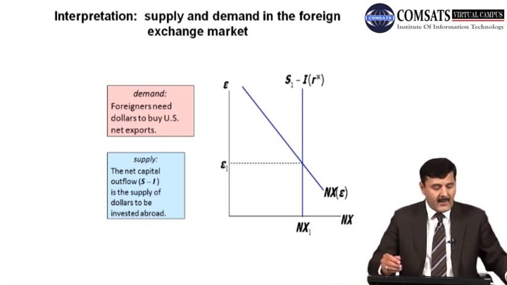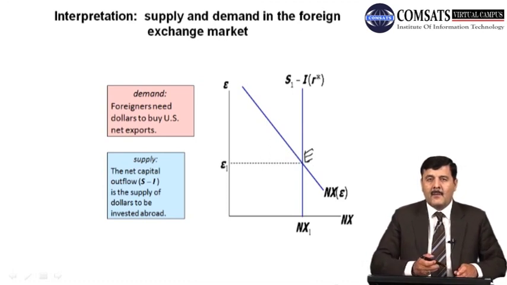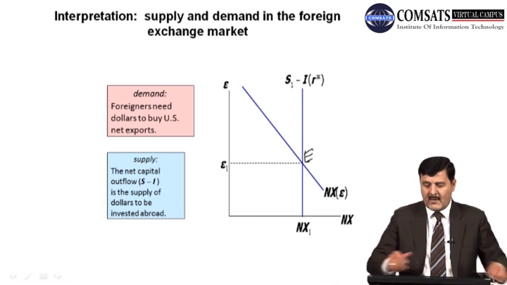As you can see in this diagram, both intersect here, and this tells us the equilibrium real exchange rate E1 and the net exports in the economy.